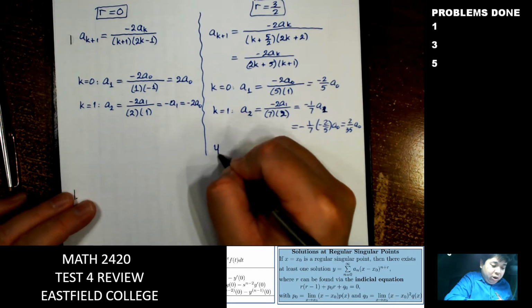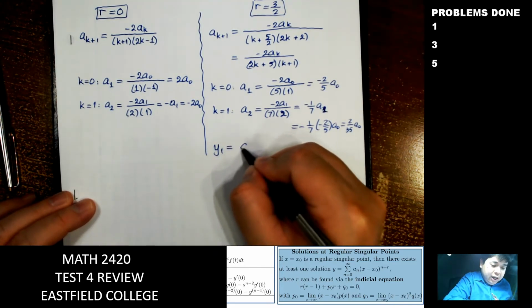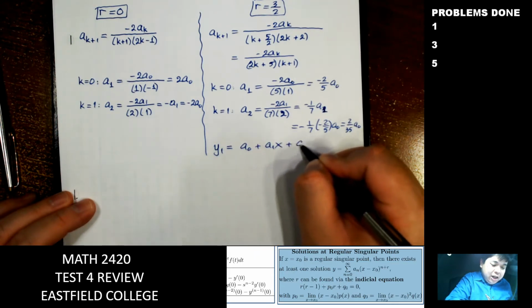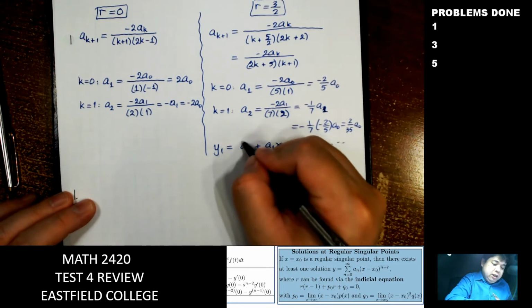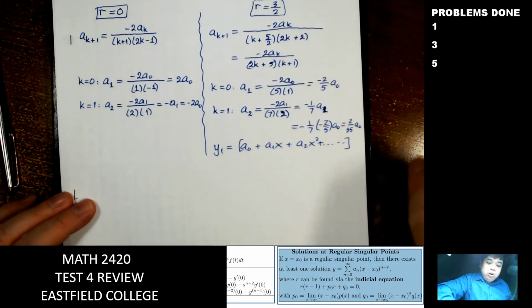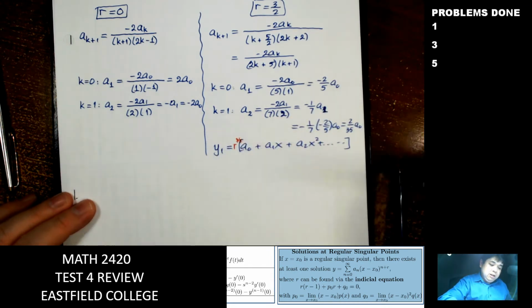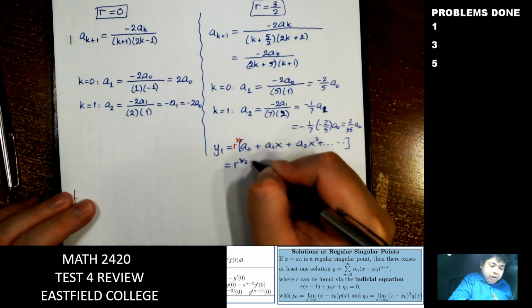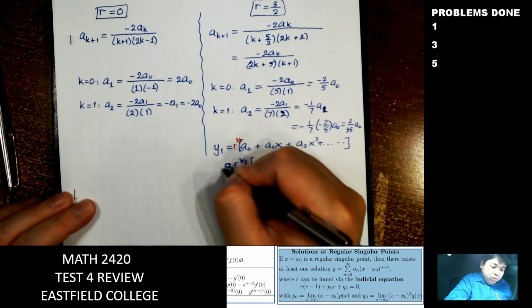So now we have y1 equal to a0 plus a1x plus a2x squared and so on. But notice that since r is equal to 3/2, we have to have x to the 3/2. So y1 will be x to the 3/2 times a0. We can factor a0 out as well.